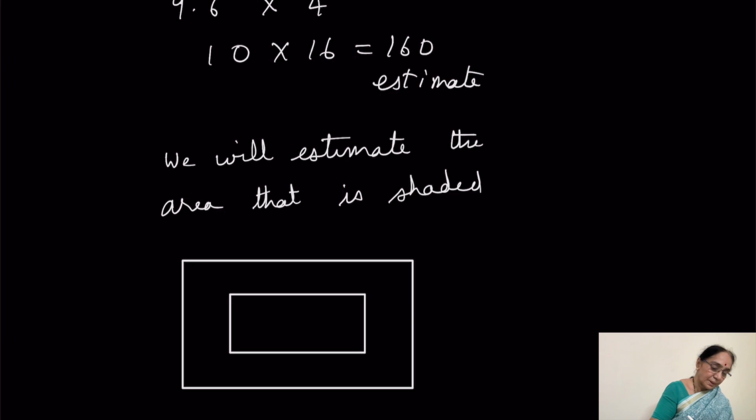This is given as 39.2 centimeters. This is given as 18.8 centimeters. This is 4.8. It's not drawn to scale, and this is 12. Now the shaded part is this.